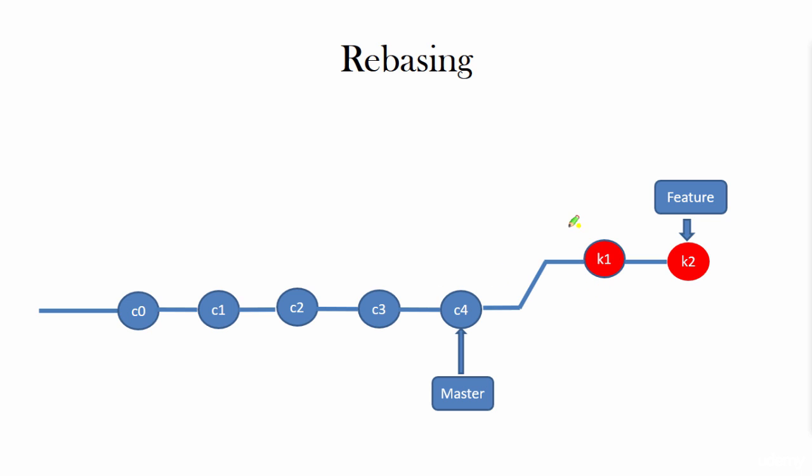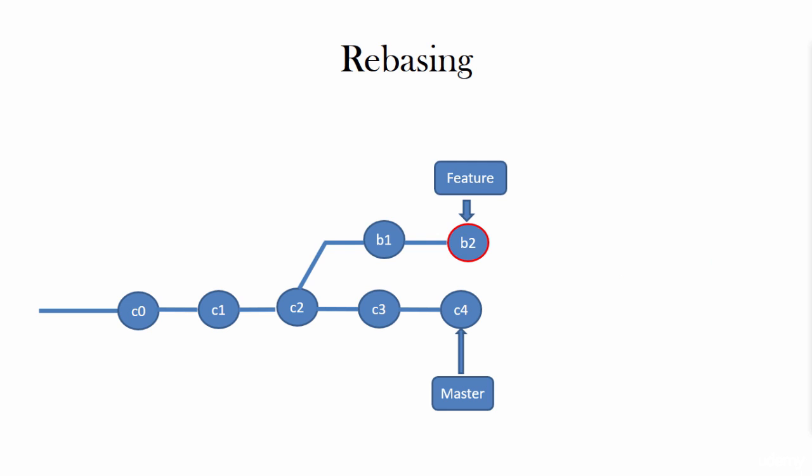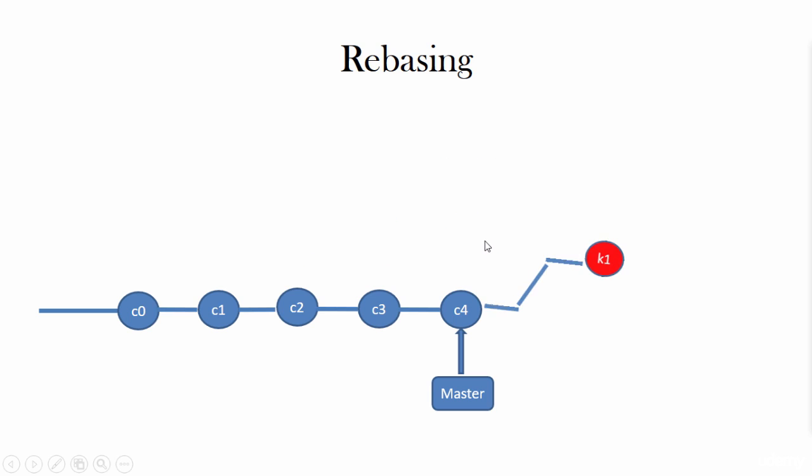So here it is. K1 and K2 are entirely new commits. If I rewind in the diagram, you can see B1 and B2 were the commits over here. And when I rebase the feature branch, two entirely new commits, K1 and K2, are generated.